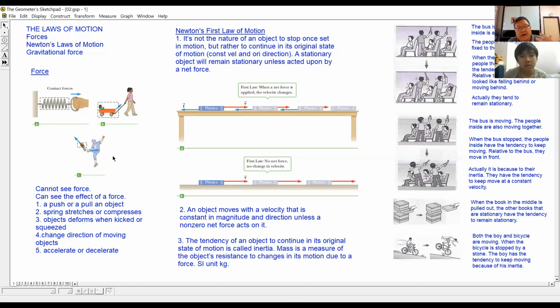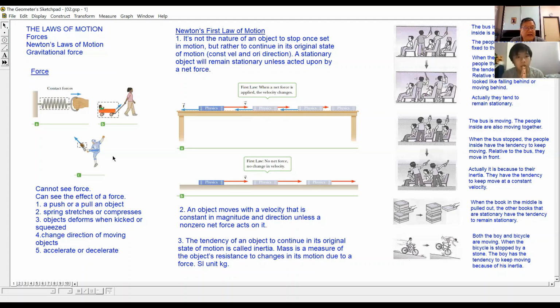If a moving object is acted upon by a force, then the object will either move faster, which means it will accelerate, or move slower, which means it will decelerate. In both cases, there is a force acting on it.